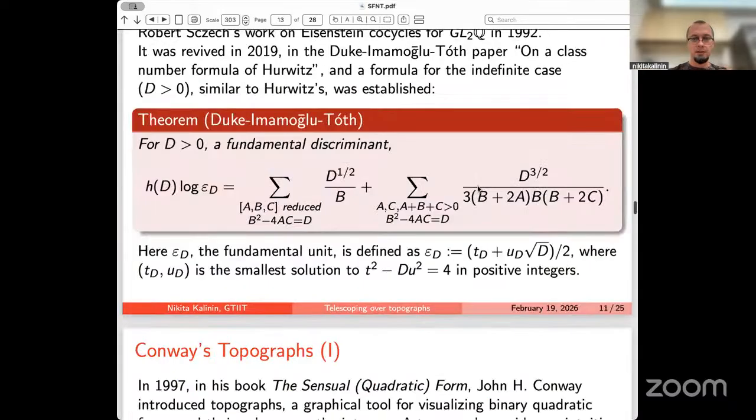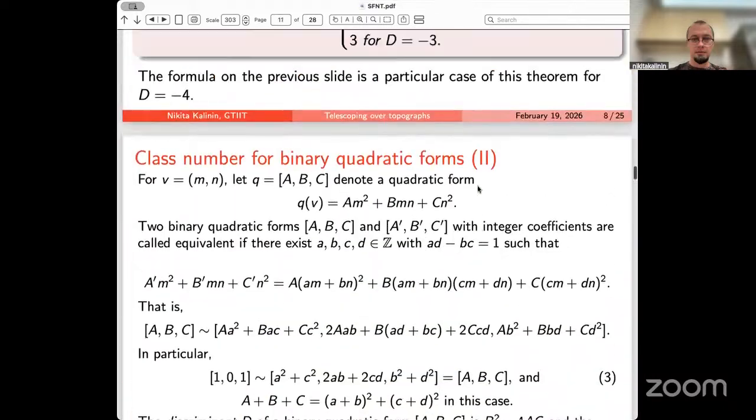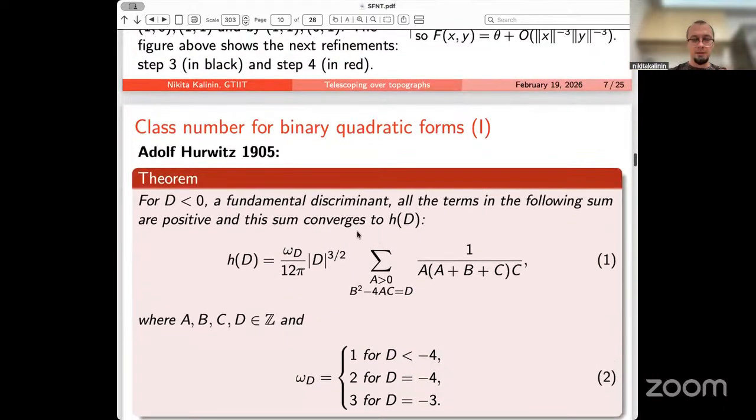Okay, so that's here, right? Here you take again this A, C, and A plus B plus C, they represent the values of a quadratic form on a superbasis. For example, here on the basis 1, 0, 0, 1, and 1, 1. And when you take a sum over all of them, on the left you will have the class number.